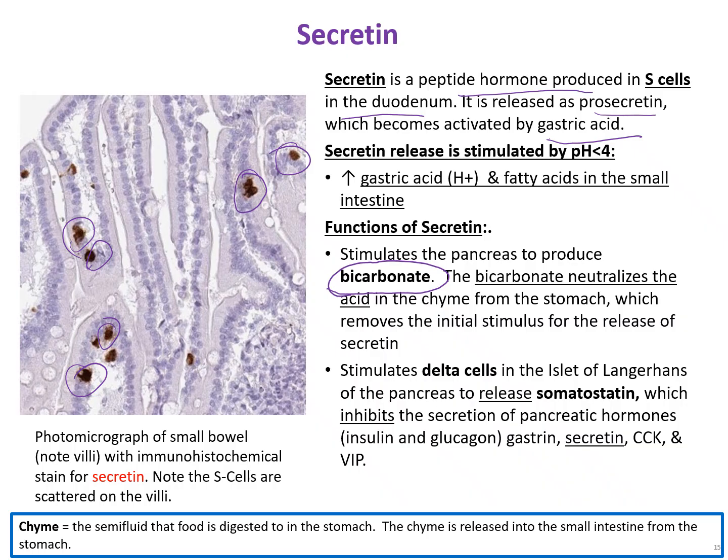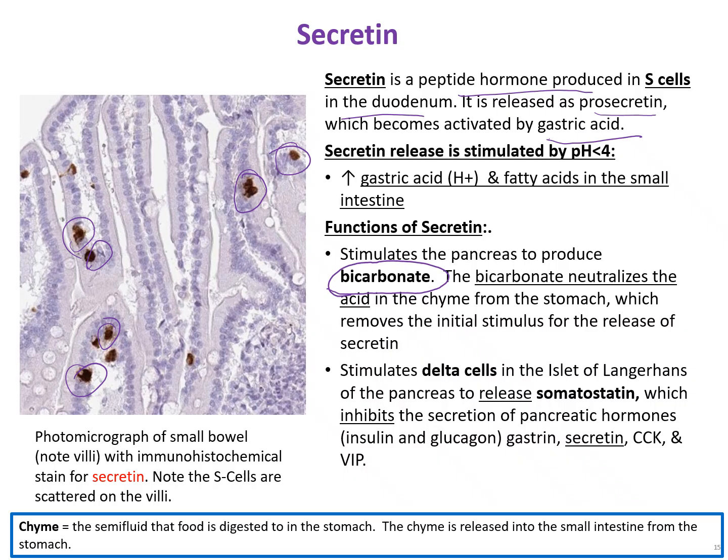So you need to make that chyme alkaline. That's what secretin and cholecystokinin do: they stimulate bicarbonate to alkalize the acidic food coming from the stomach. That bicarbonate neutralizes the acid chyme from the stomach in the intestine, so that removes the initial stimulus for the release of secretin, right?